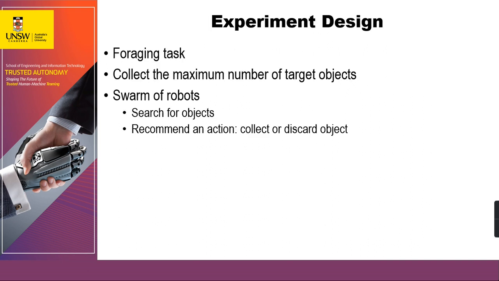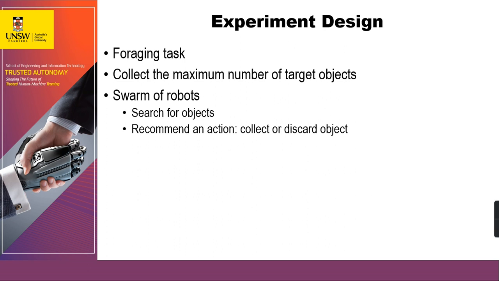Our study considered a foraging task in which the swarm is deployed in a remote environment to search for and collect target objects. The swarm autonomously searches for targets. When the swarm finds an object, each member tries to classify it as a target or non-target.